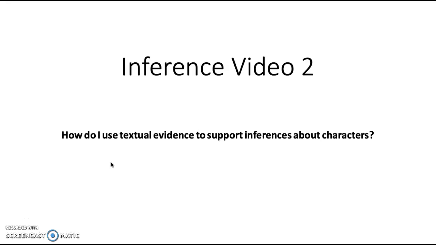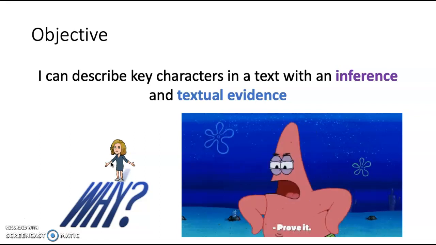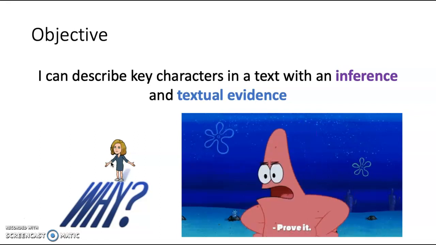Today we're going to be talking about using textual evidence to support inferences about characters. So our objective for today is I can describe key characters in a text with an inference and textual evidence. Now you might be thinking, why do I need textual evidence?